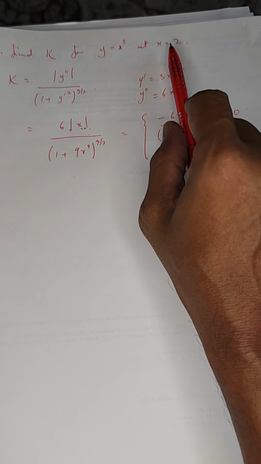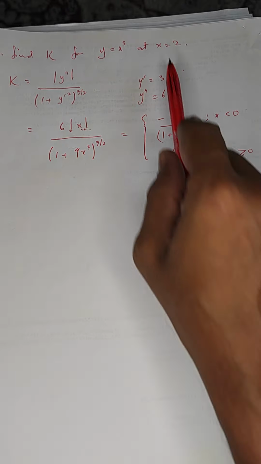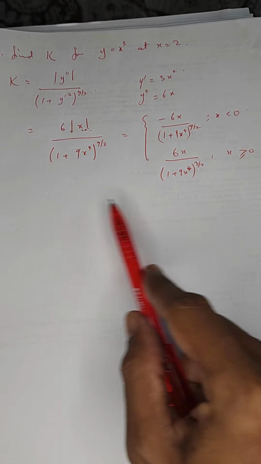Then you just need to evaluate at x equal to 2. You can use either one, and you still get the same answer because we have the absolute value there.